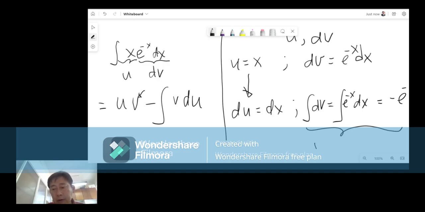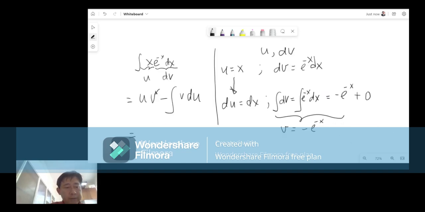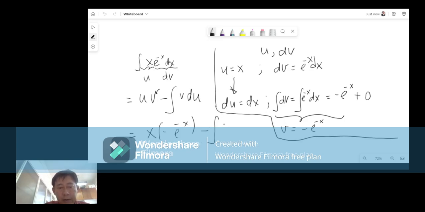So here we would take v to be minus e to the power of minus x. The next thing to follow is just to copy down the expressions for the terms u, v and v du. Here u is x, v is just minus e to the power minus x, minus the integral of v du. v here would be minus e to the power minus x.